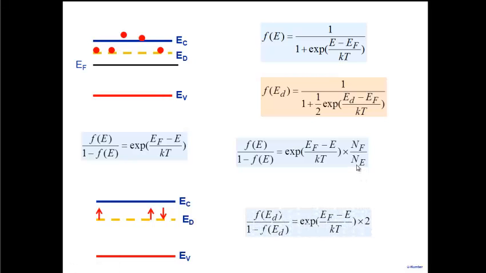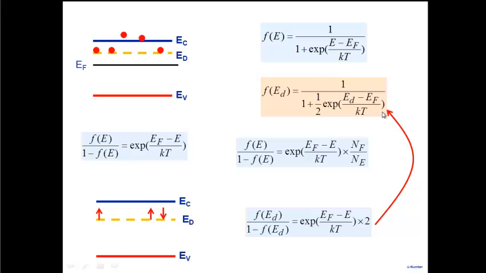So FED by 1 minus FED becomes this factor multiplied by 2, and therefore FED equals 1 plus half. These are called degeneracies: the fact that there are two ways in which you can fill and one way in which you can empty. Taking these factors into account results in a more realistic expression for the probability of occupation of a donor state, which is FED equal to 1 plus half exponent (ED minus EF) by KT.